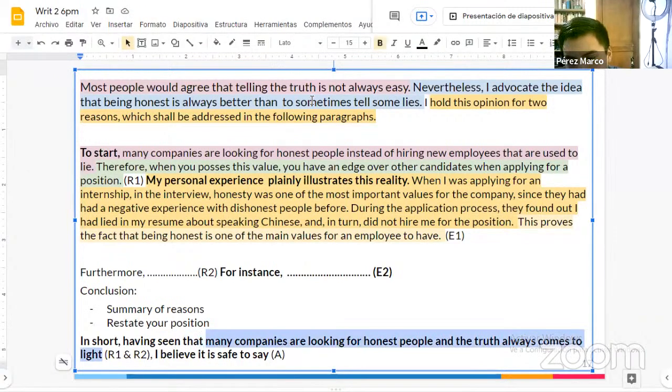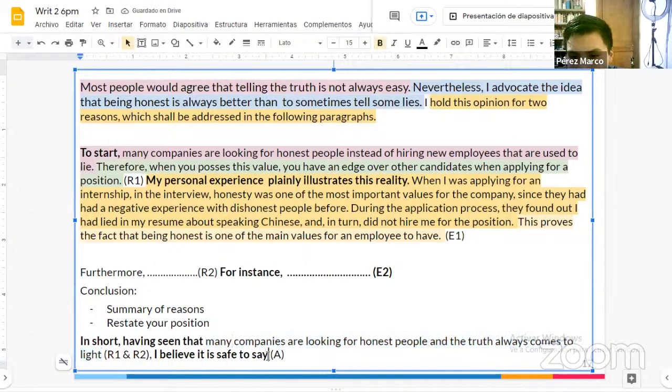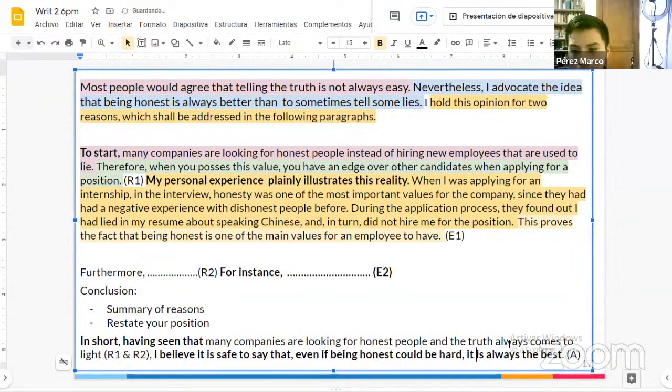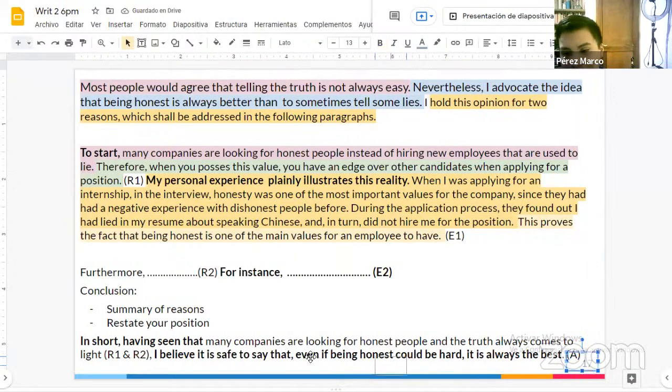I believe that to be honest could be hard, but it's always the best. Maybe we could say that even if being honest could be hard, it's always the best. Yeah, that's better.